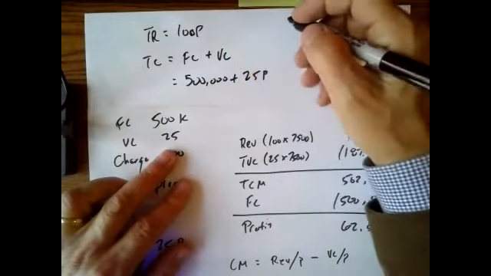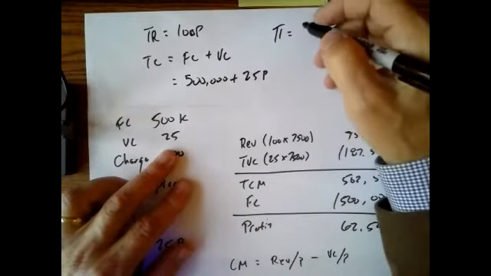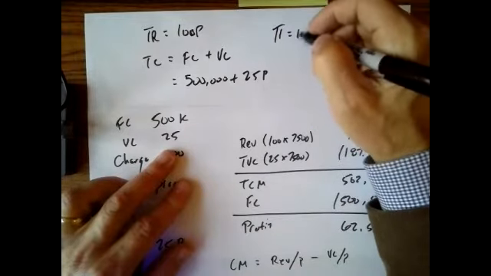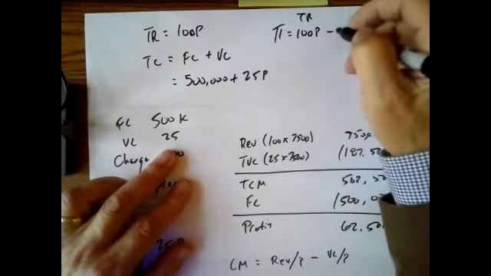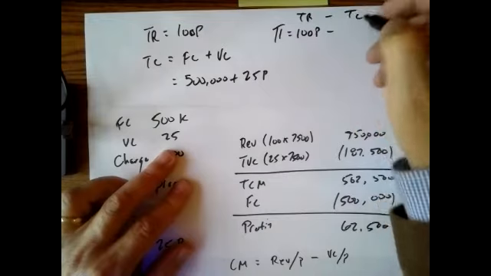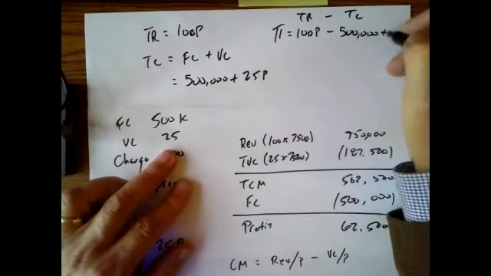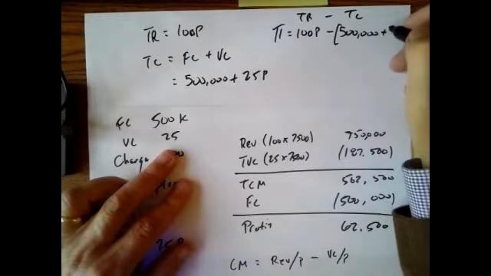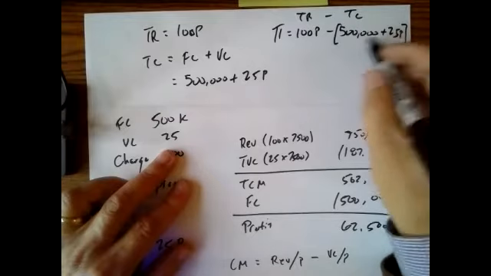Total revenue is 100p. So profit, which I abbreviate with the pi symbol, is 100p minus total cost, which is 500,000 plus 25p.